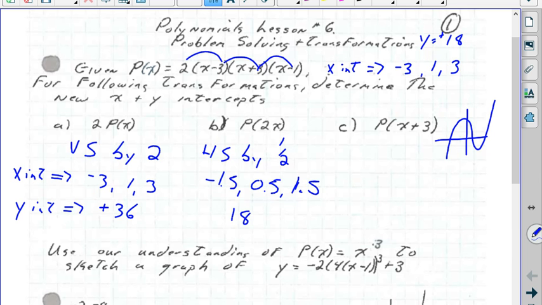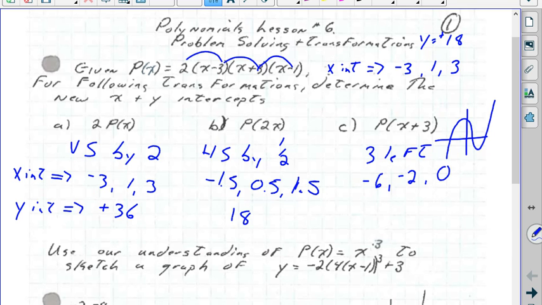Sean, p of x plus 3. Three left. So that means my x-intercepts are going to be 3 units farther left. So I'm going to have a -6, a -2, and a 0. Which allows me to figure out, do I get a new y-intercept out of this too?